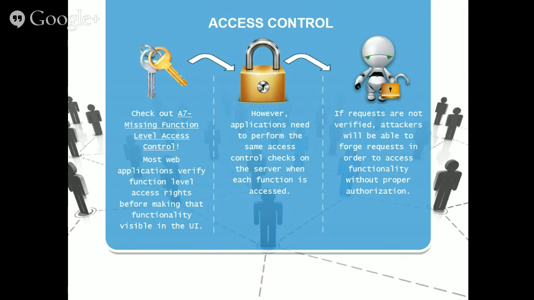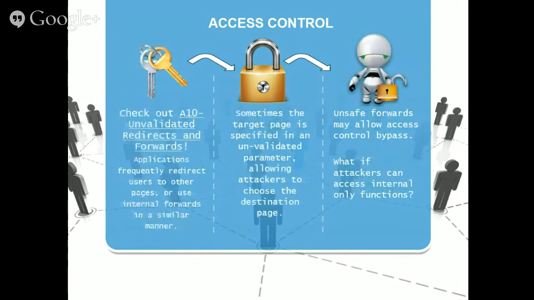This information that I have right here is straight from OWASP's website. And then we have one more that has to deal with access control, and that's unvalidated redirects and forwards. That's not necessarily just clicking on a link that's in your web application. It also has to do with being able to access different files in your domain, just like we did with the admin files, with password files.